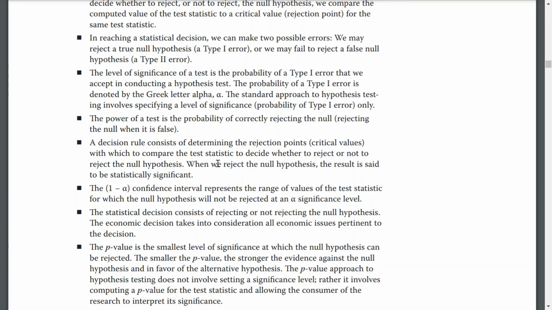A decision rule consists of determining the rejection points, which are the critical values with which we compare the test statistic to decide whether to reject or not reject the null hypothesis. When we reject the null hypothesis, the result is said to be statistically significant.